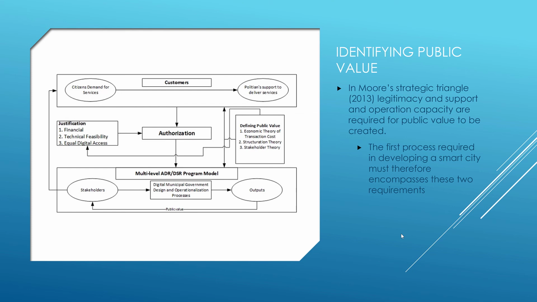Is this service cost effective? Is this service affordable? Is this service financially feasible? Then we can ask the questions, is this service technically feasible? Do we have the skills to offer this service? How can we offer this service if we do not have the skills? How do we obtain the skills if we're going to offer this service?